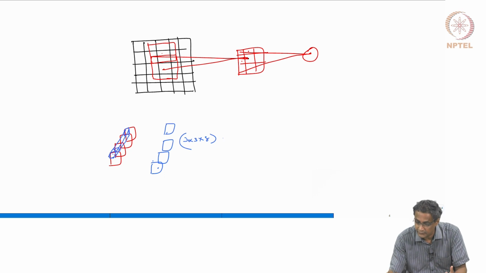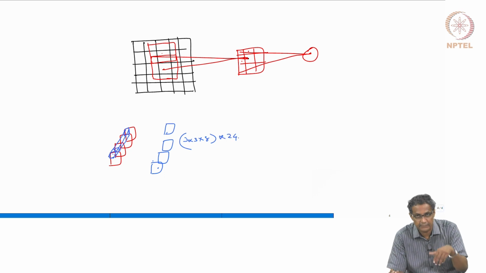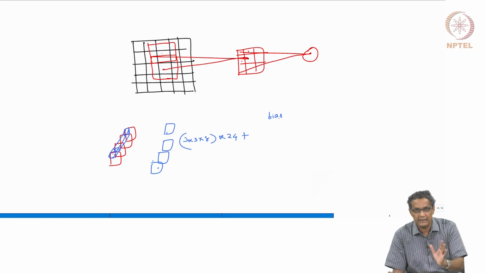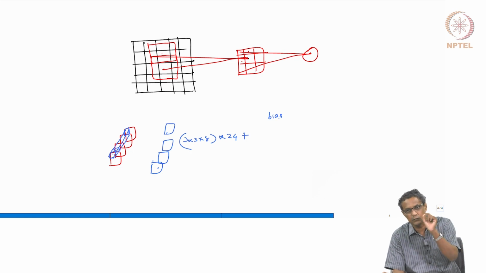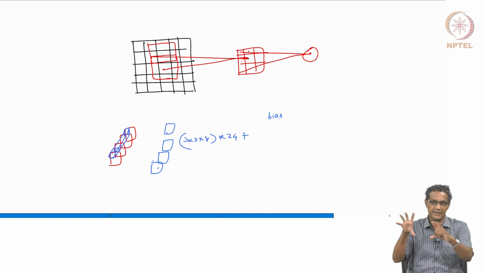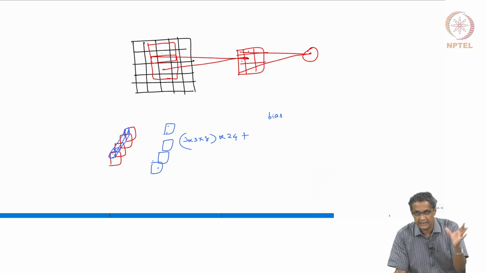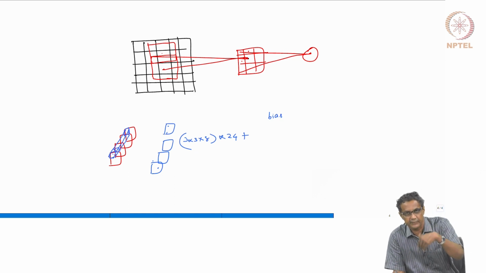So you need 3 into 3 into 8 into 24 weights, that many weights you will need. Until now I only talked about weights, so plus the bias. The bias, as you can clearly see, is one number for one channel, just as the weights are all constant for one channel. Similarly, the bias is a constant for the whole channel. When this neuron takes that weighted average, you also have to add a bias to it.